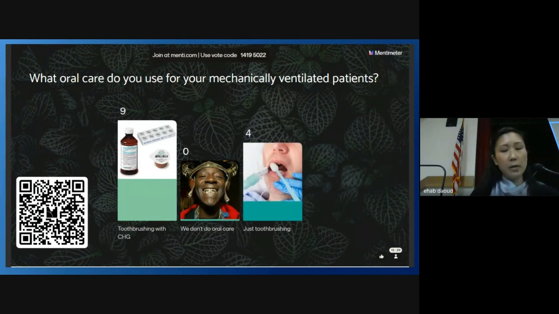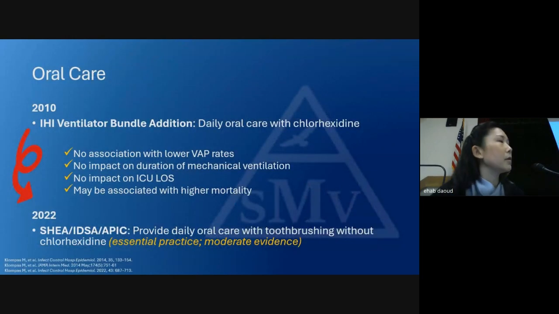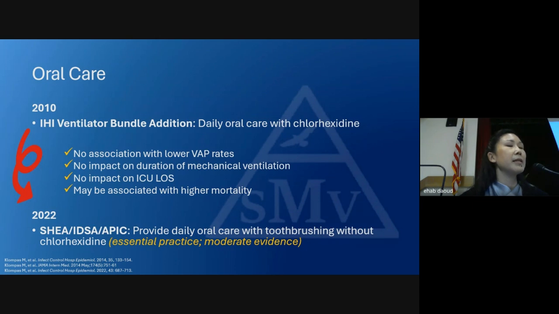versus just toothbrushing alone. So the Institute for Healthcare Improvement's ventilator bundle, as I said, included daily oral care with chlorhexidine. Since then, a lot of meta-analyses and studies have been put out there, including randomized double-blinded controlled trials, looking at the impact of oral care with chlorhexidine on ventilator-associated pneumonia rates, mechanical ventilation, and ICU length of stay.